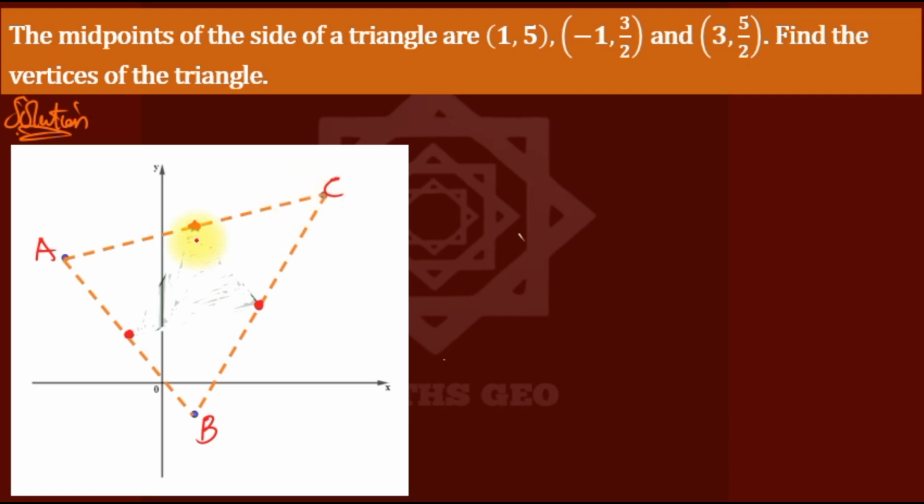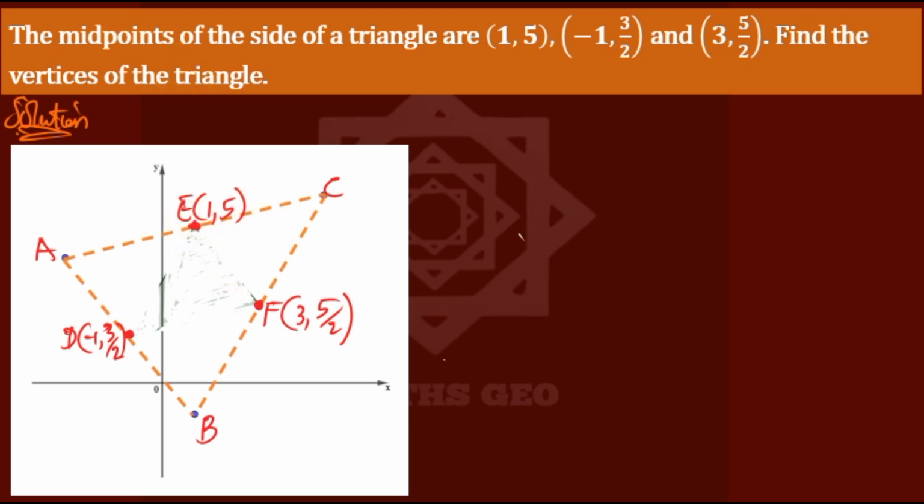So let's label them D, E, F. D is (-1, 3/2), negative, positive. E is (1, 5), and F should be (3, 5/2). Yes, so we've located the midpoints.